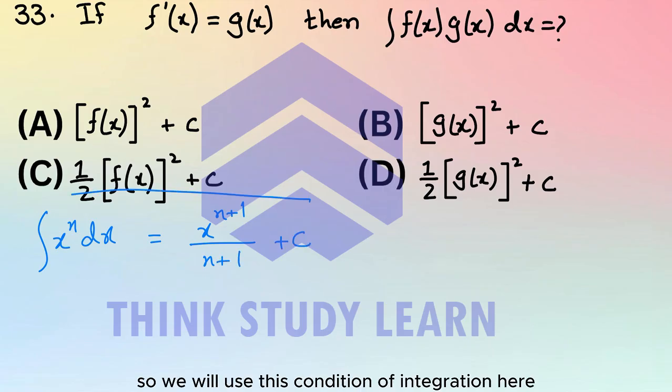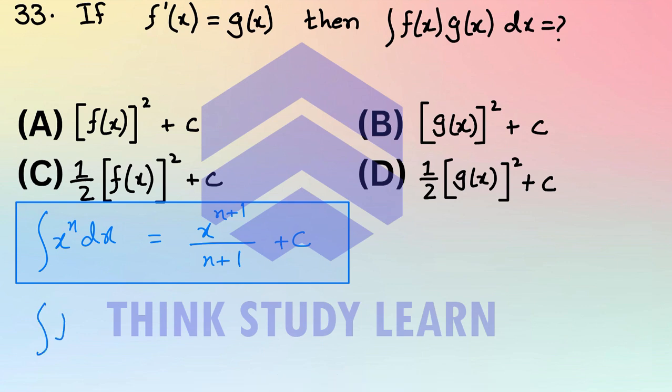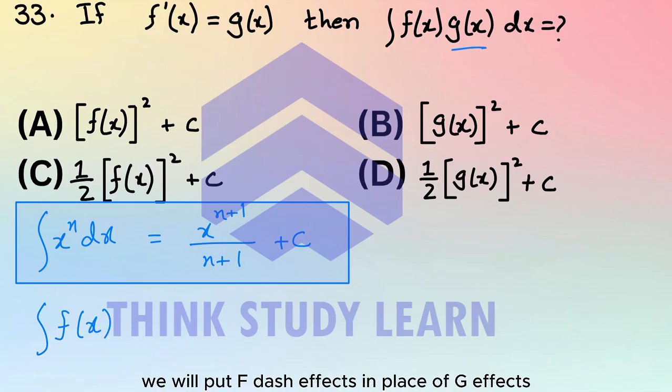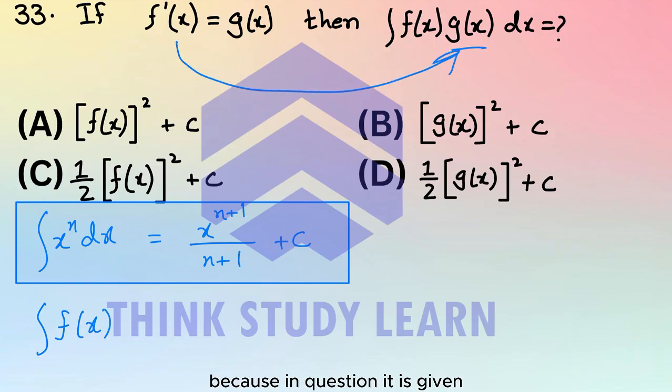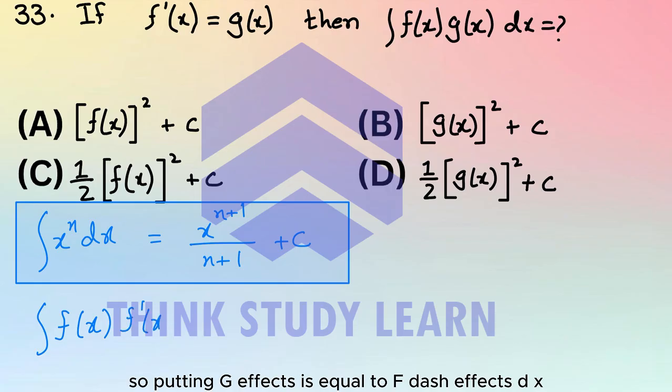So we will use this formula of integration here to solve this question. So putting values according to this formula, f(x) and g(x), we will put f'(x) in place of g(x) because in the question it is given f'(x) is equal to g(x). So putting g(x) equal to f'(x), dx.